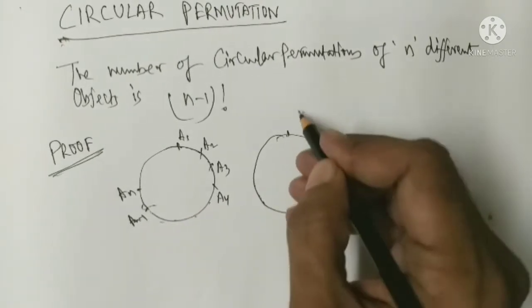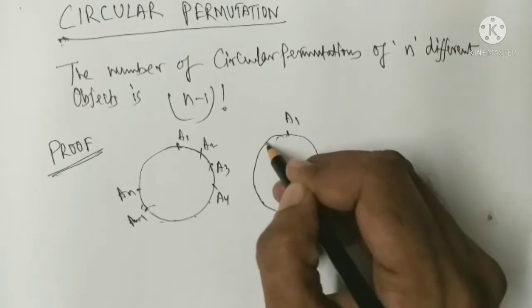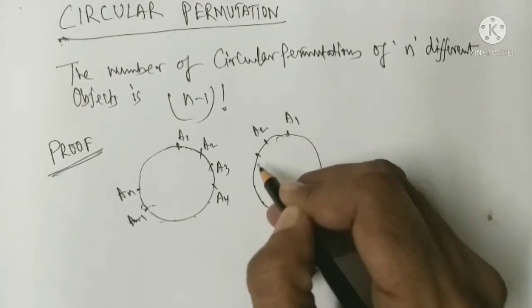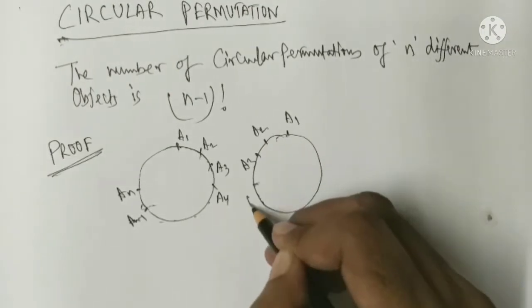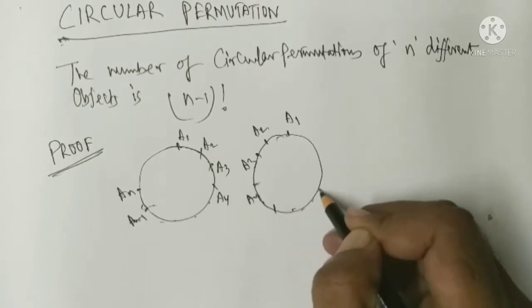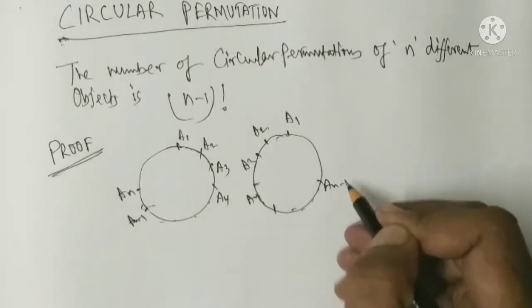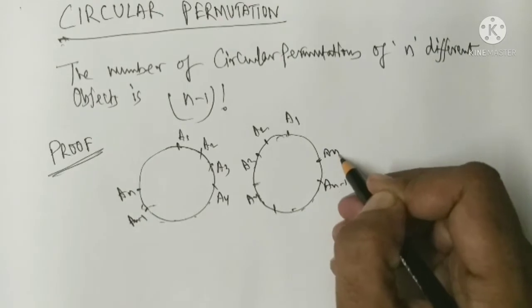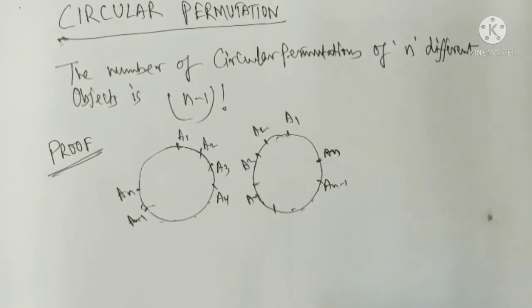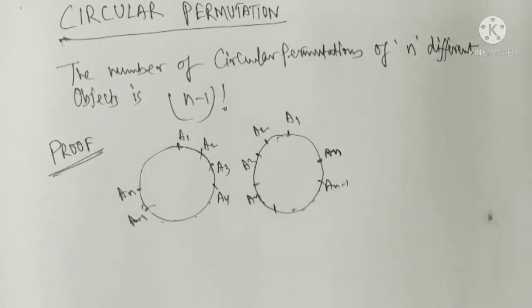Again it can be shown A1 left side, A2, A3, A4, and so on. This is An minus 1 and this is An. Whatever may be the direction, that is clockwise or anticlockwise, we don't consider now. Now we will simply focus on circular permutation.